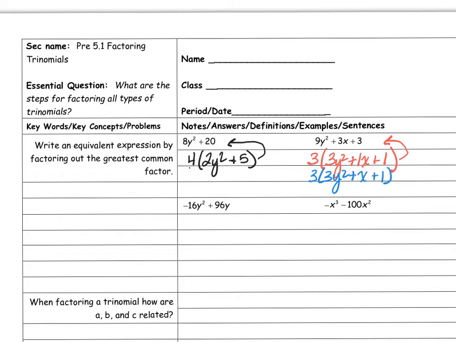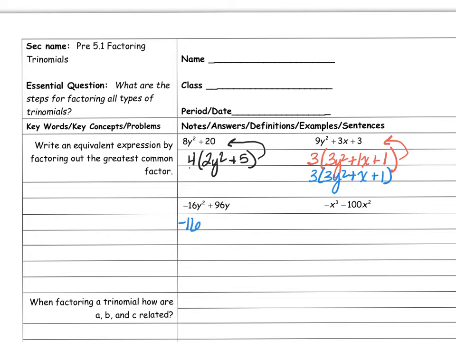Okay, all right, so now we're going to go on to the next one, and I need to know what goes into negative 16y squared plus 96y. And I'm pretty sure that it's going to be 16. But I'm also going to factor out a negative. Usually when I'm factoring, I don't want to have a negative leading, so I'm going to factor out a negative 16.